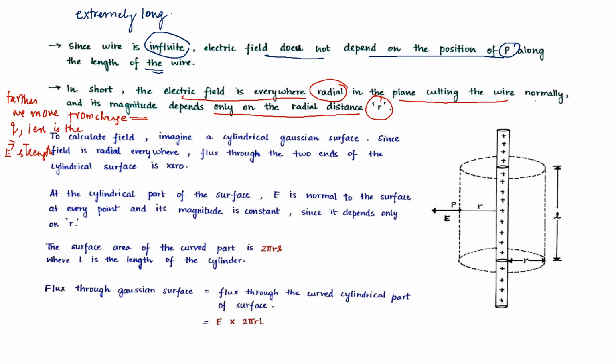Why so? Because it also follows the 1 by r square relation, that is, the inverse square law.